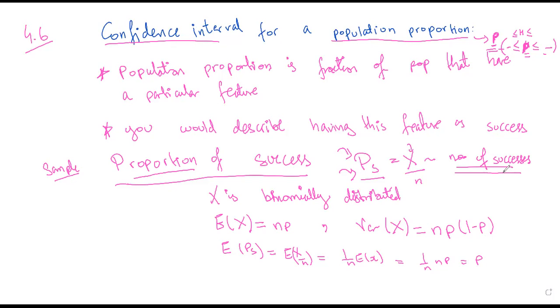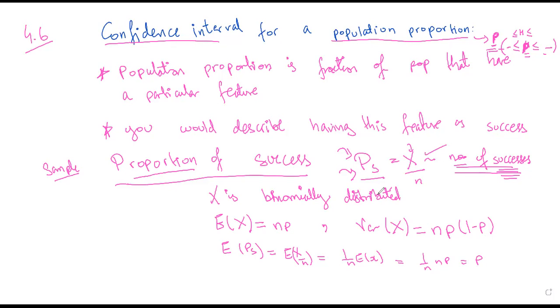For example, if the question says an experiment is performed 100 times, the number of successful outcomes is 46, implies X would be 46. So by now you know that your sample proportion is P of S, which is written as X by N. So you are good with this part.